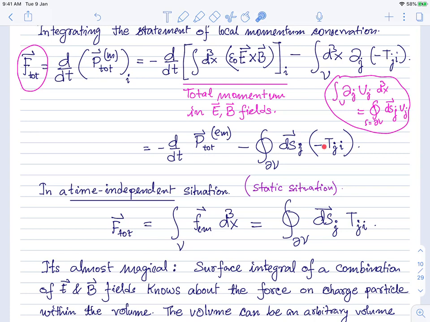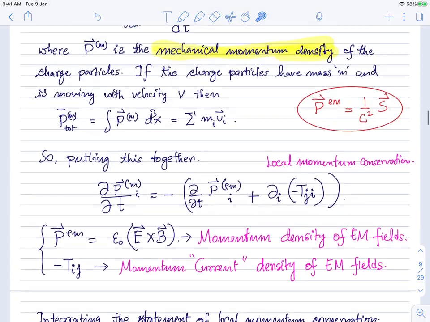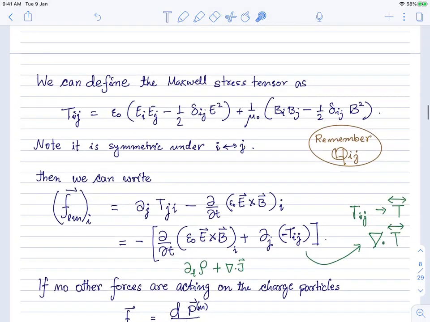Okay, and as you can see, this sign here cancels, and this T_ji has the same expression that I wrote down initially in terms of the electric and magnetic fields. This is the expression for T_ij.